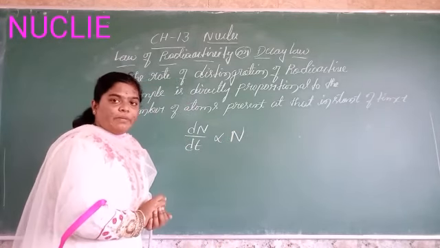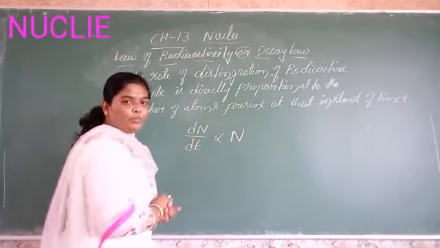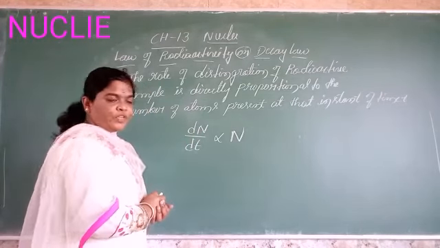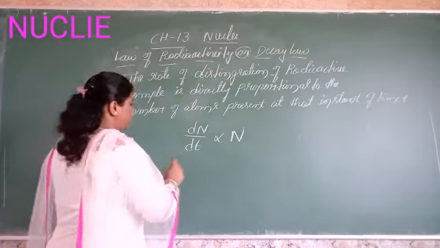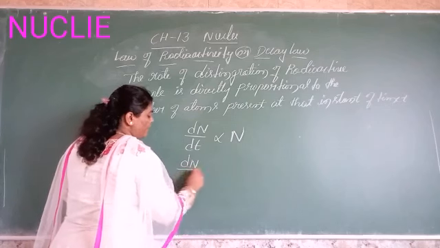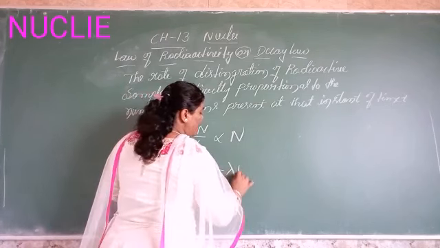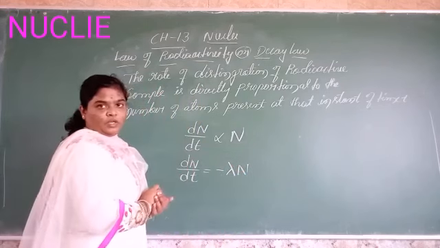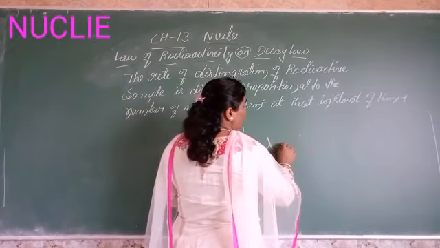N be the number of atoms. That is dN by dt directly proportional to N. To remove the proportionality, we put the constant. That is dN by dt is equal to minus lambda into N, where lambda is the decay constant.